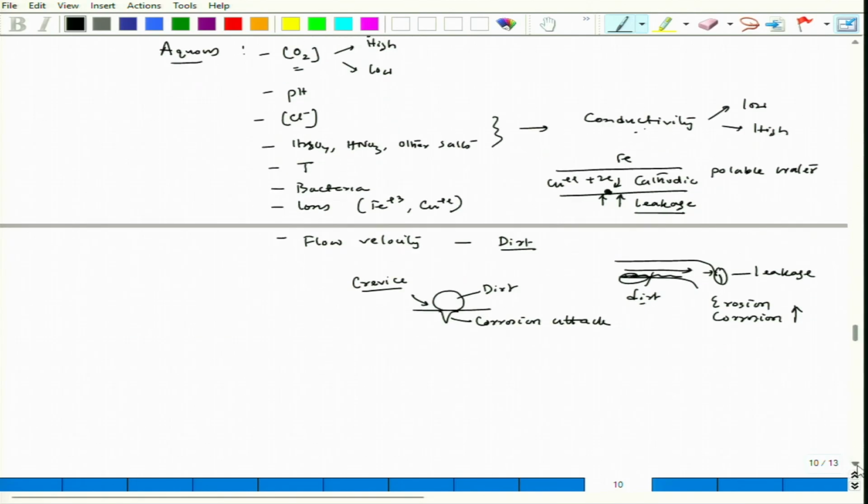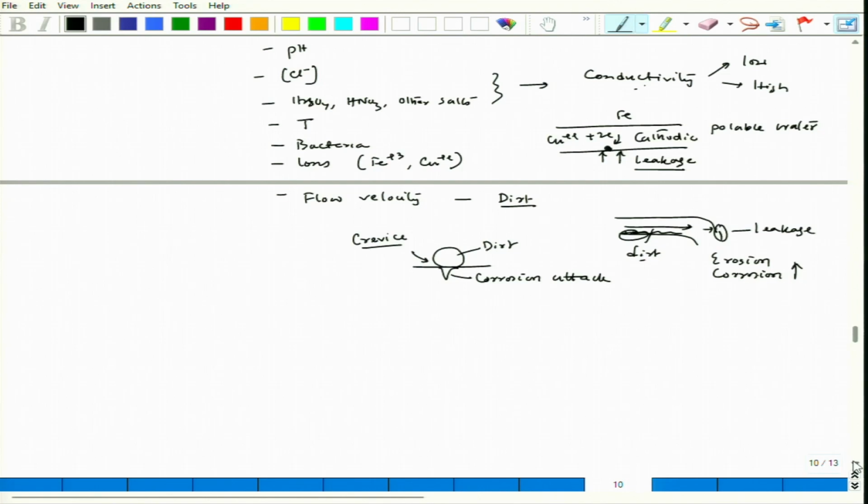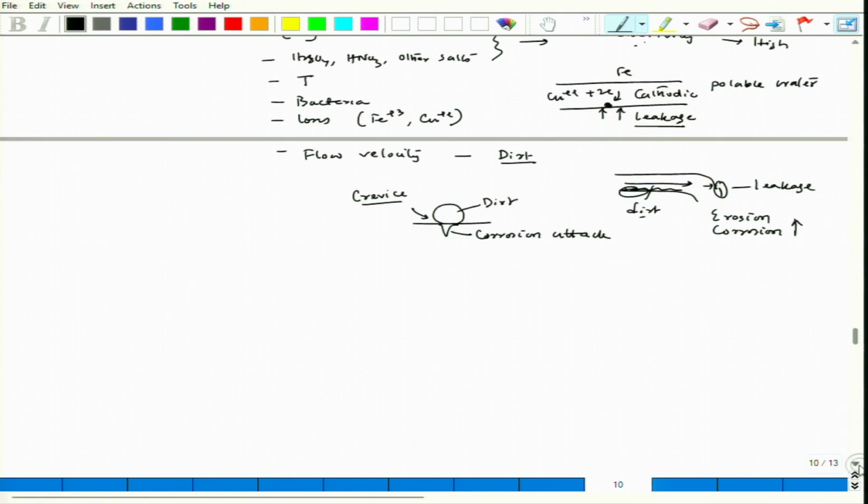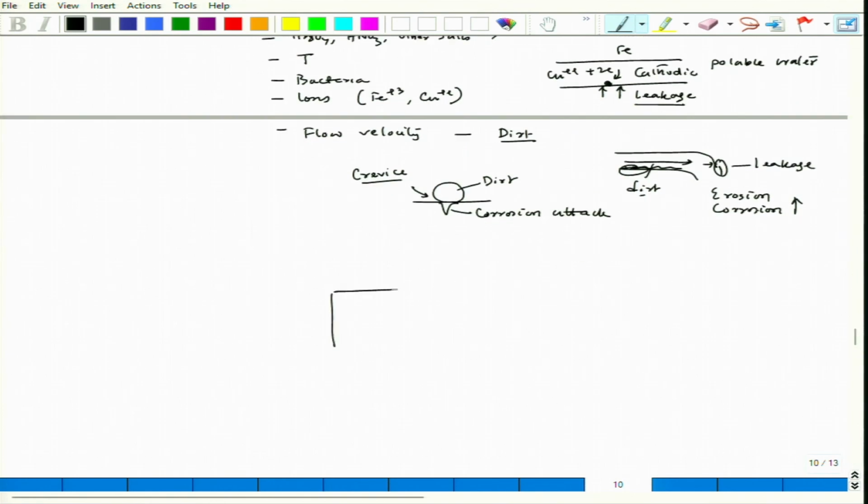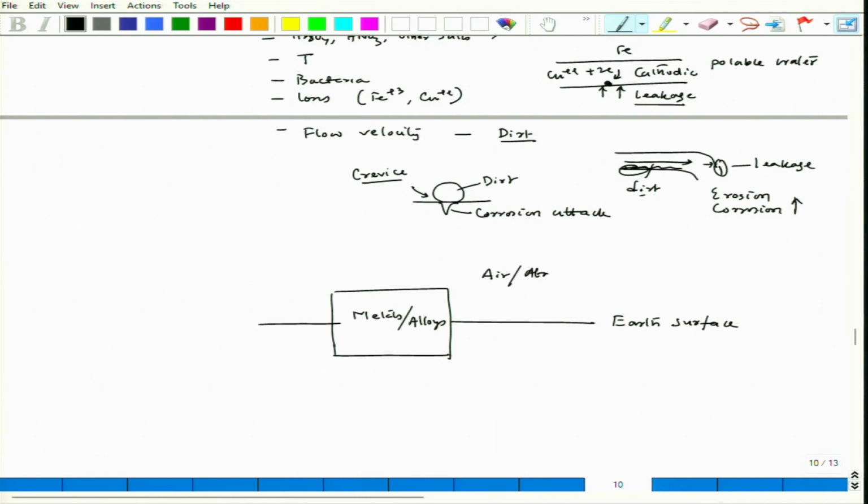Now, if we try to make a kind of graphical representation, here we have metals and alloys. Let us say this is my earth surface, and this is air or atmosphere. This is electrolyte, aqueous electrolyte.